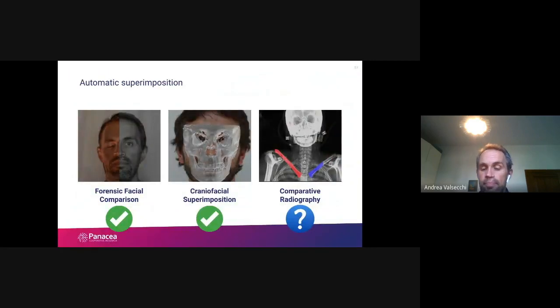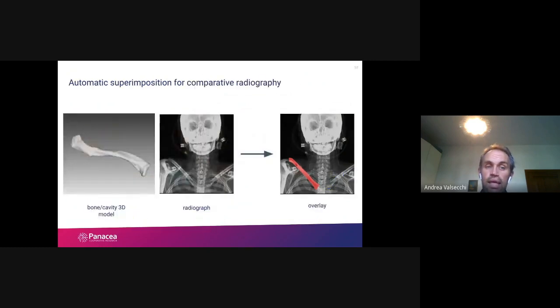And finally, I'm going to present how superimposition can be made automatic on radiographies. In this case, we already mentioned that you can think of this as superimposition over a photo, but the information we are going to use cannot be based on landmarks.